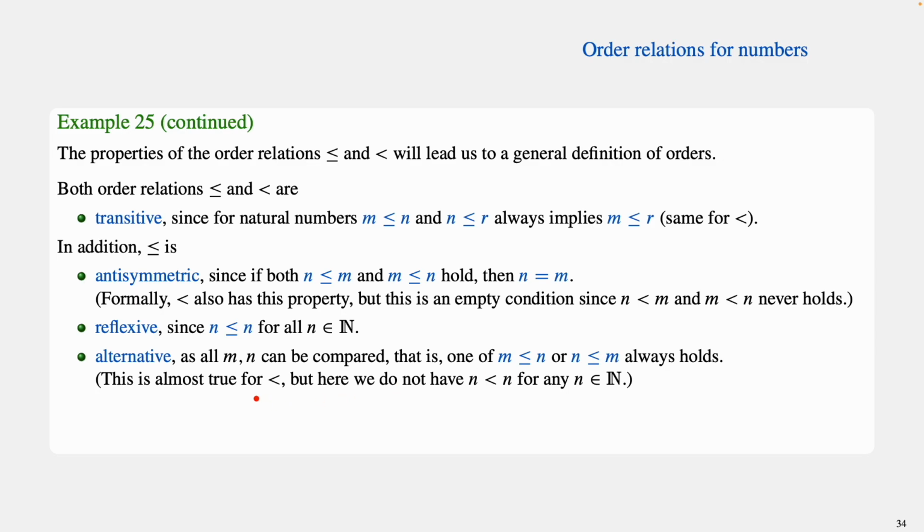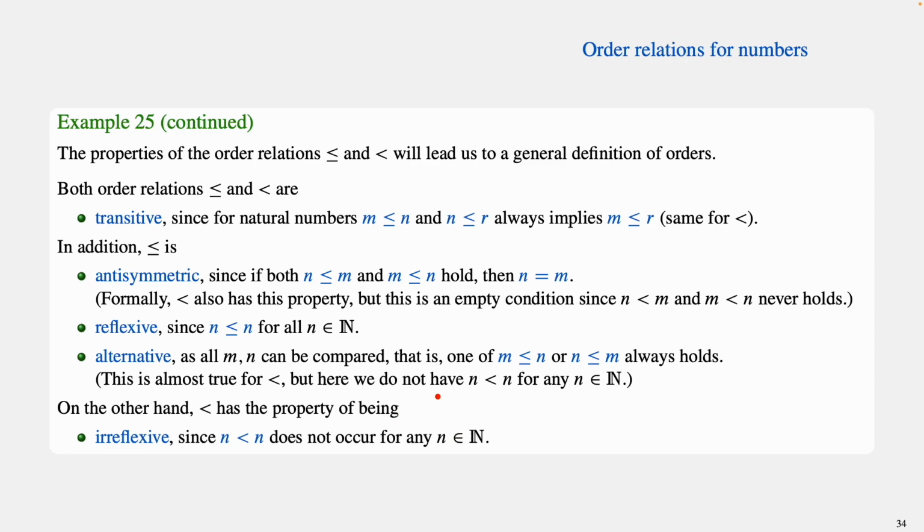Now, this is almost true, but of course not true for the less relation, because we do not have n strictly less than n for any n, so that's why it's not true. But for any distinct pair of numbers, we always have that either n is less than m or m is less than n.